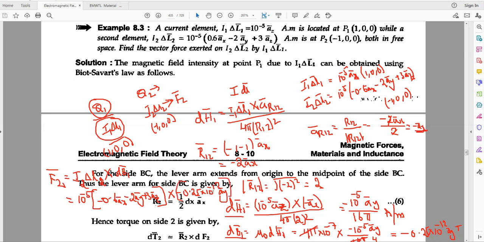Now to apply the cross product: 10 power -5 and 10 power -12 give 10 power -17, multiplied with the terms. Minus 0.6 and minus 0.25, multiplied, with AX cross AY being AZ bar.